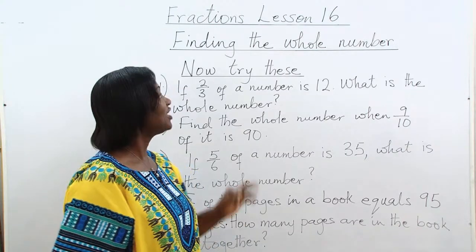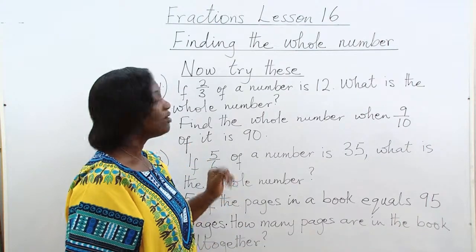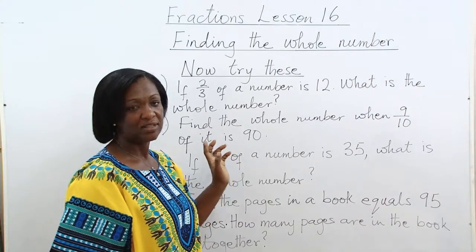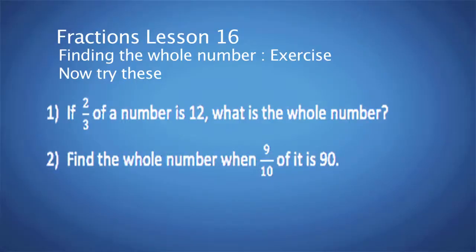Having learned how to find the whole number, try out this exercise. Question 1. If 2/3 of a number is 12, what is the number? Question 2. Find the whole number when 9/10 of it is 90. Question 3.